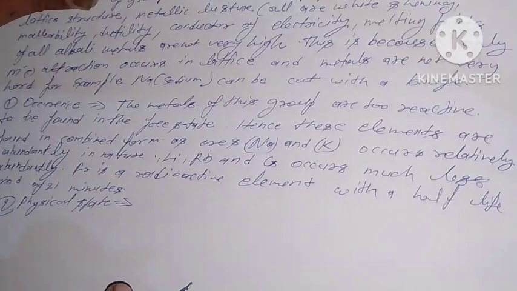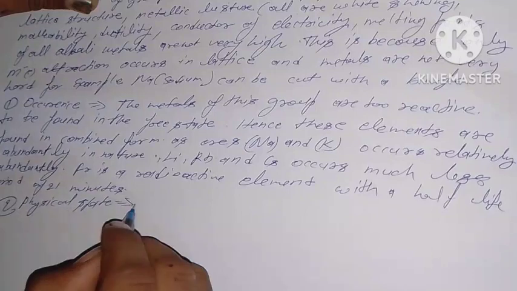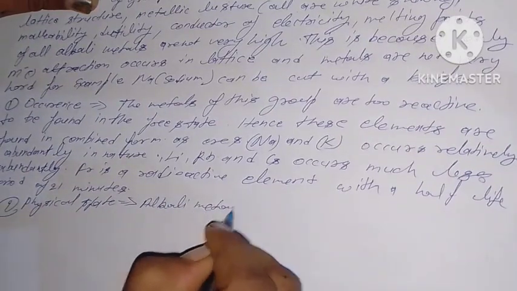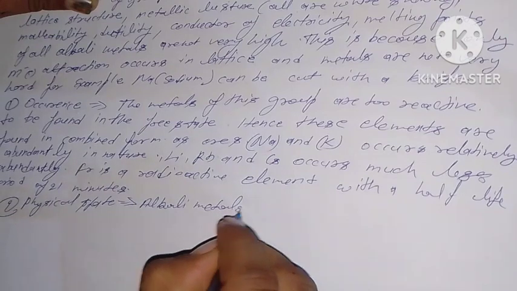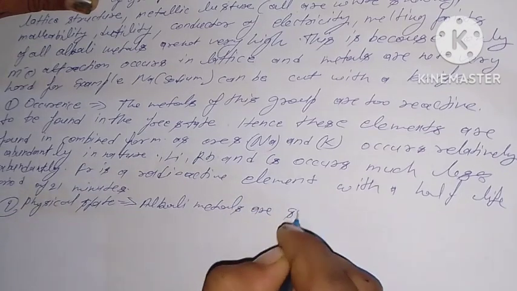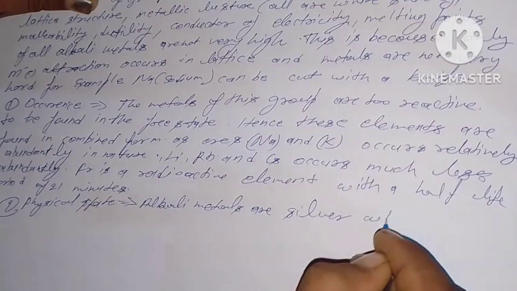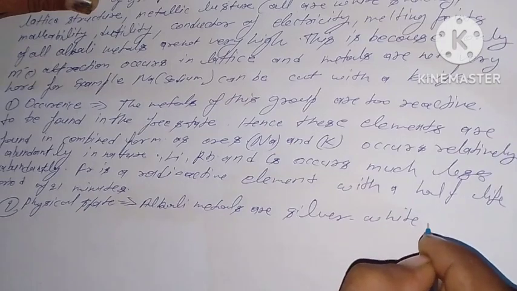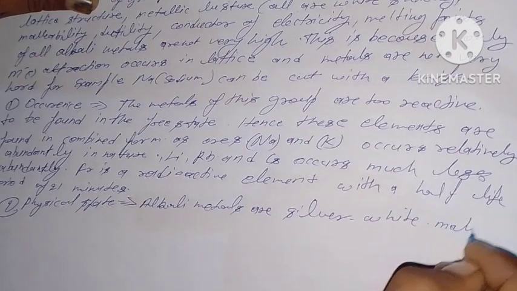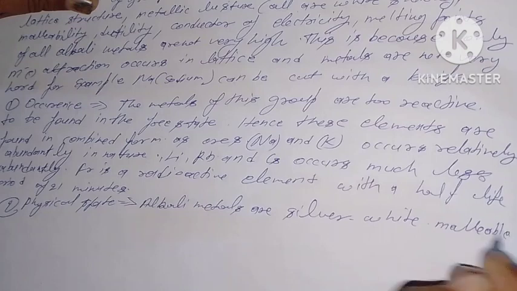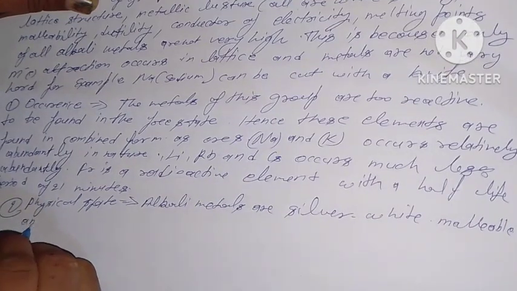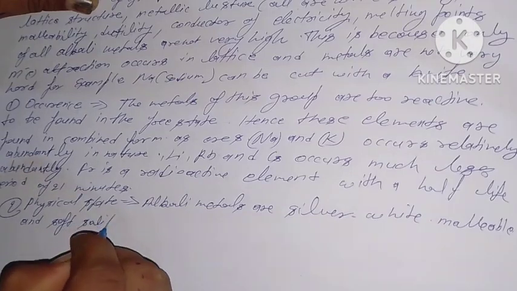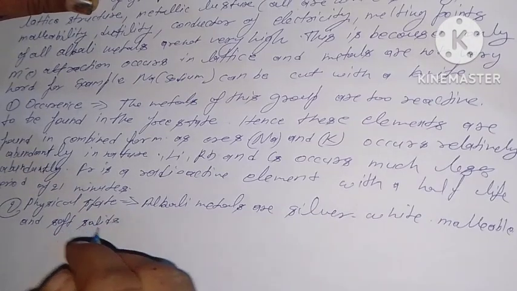Okay, alkali metals are silver white, malleable, and soft solids.